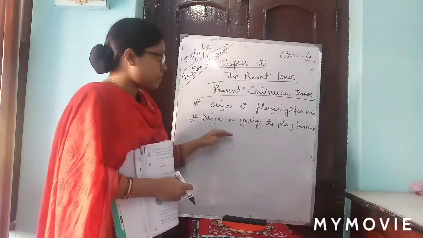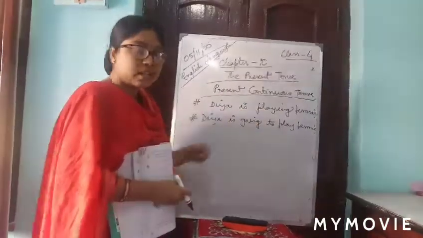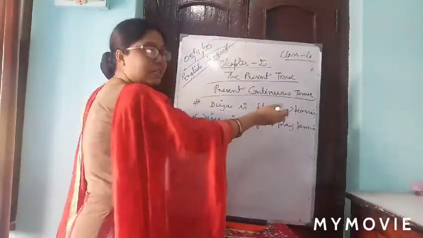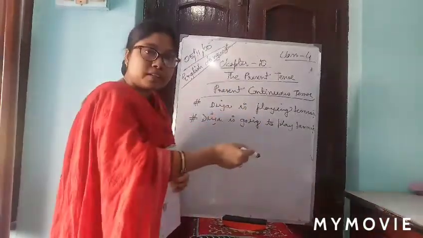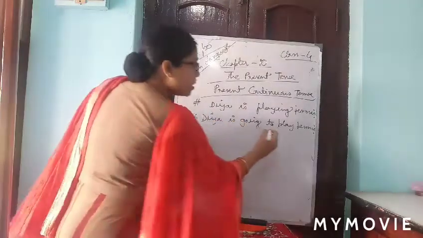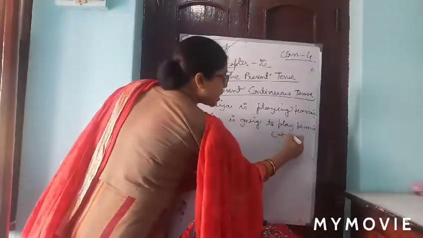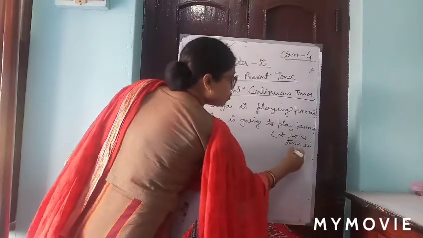So these are the two types. First sentence, Dia is playing tennis, it is going on now. And in the second sentence, Dia is going to play tennis, this has some time in the future. It will be at some time in the future, it's not mentioned.